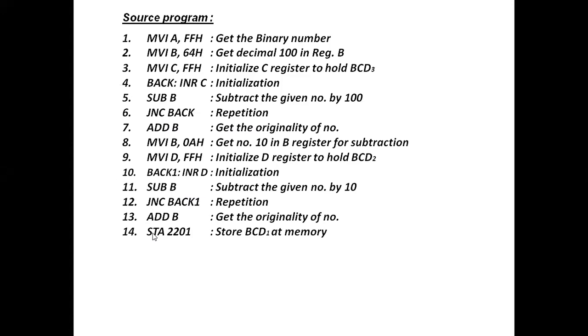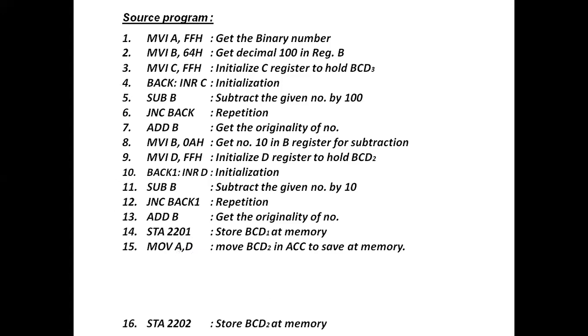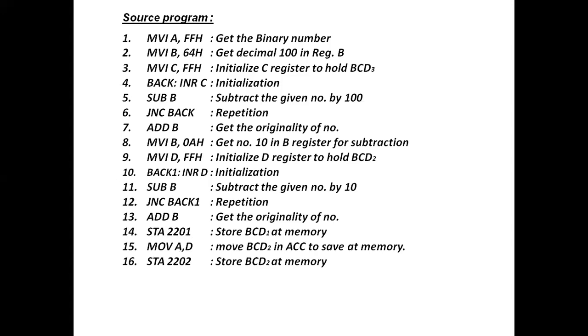So what we do, the content of BCD1 is stored at 2201. And then BCD2 value is available in D. So D is copied into A, and this value is stored by STA 2202. So the BCD2 value is stored at the next memory location.